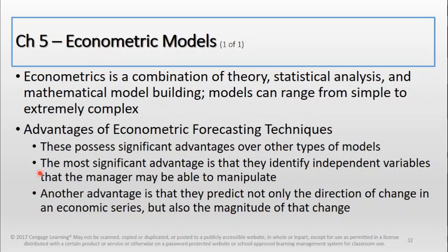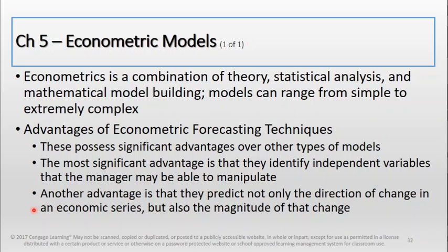Another advantage is that they predict not only the direction of change in an economic series but also the magnitude of that change. This represents a substantial improvement over trend projection models, which fail to identify turning points, and barometric models, which do not forecast the magnitude of expected changes.